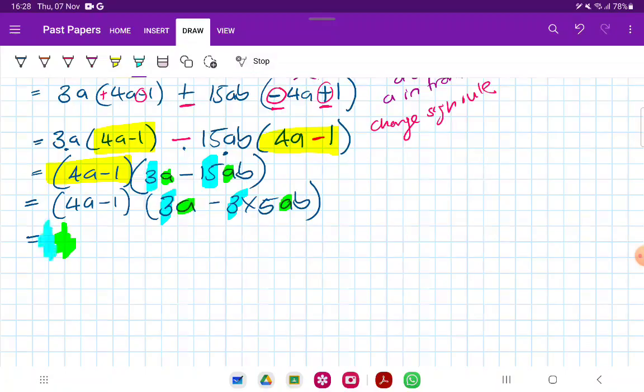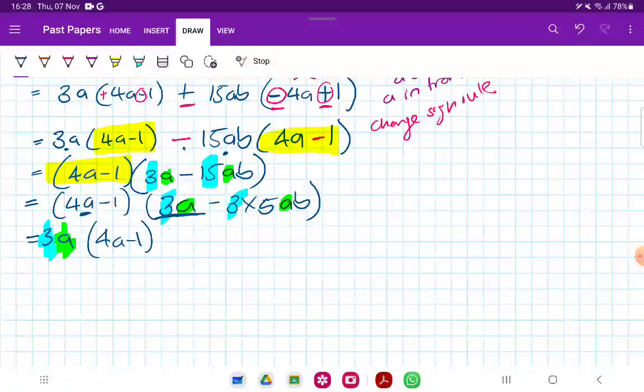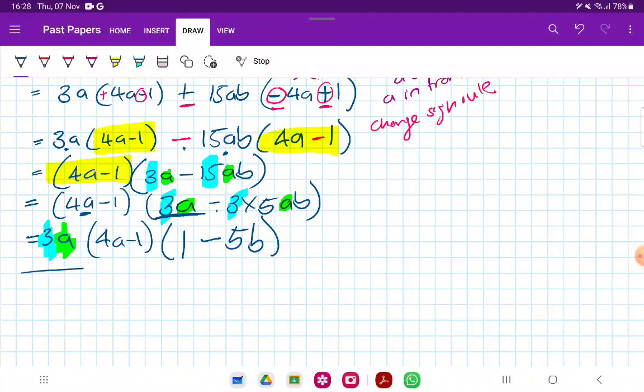So 3a is taken out. My first bracket stays the same, 4a minus 1, and in my second bracket, all of that is gone. So instead of 0, I write 1 minus 5b. Now everything is completely factorized, and I am done.